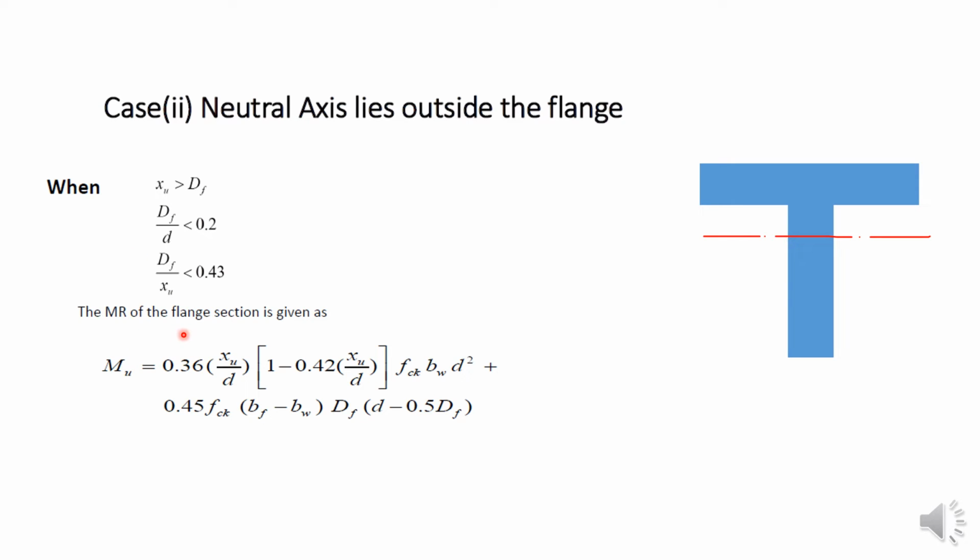You have to calculate MU is equal to 0.36 XU by D, 1 minus 0.42 XU by D, into FCK BW into D square, plus 0.45 FCK into BF minus BW into DF into D minus 0.5 DF, when the neutral axis lies outside the flange.